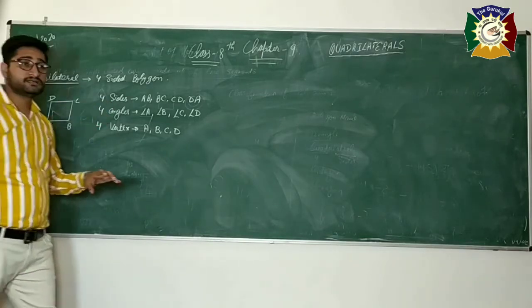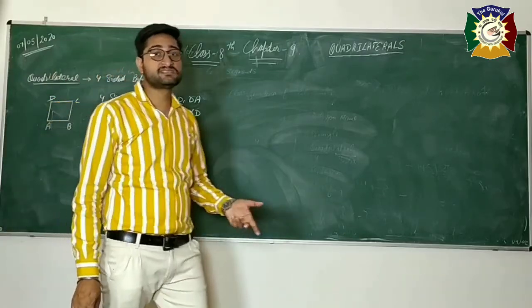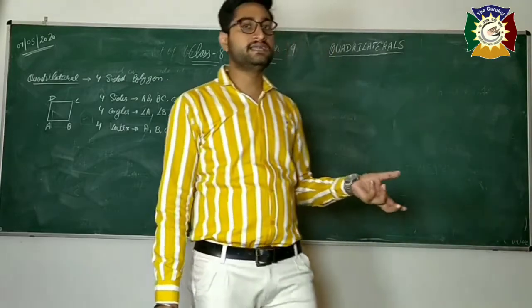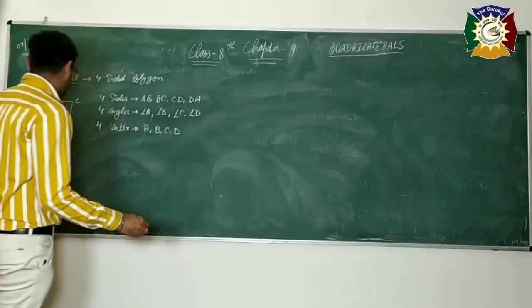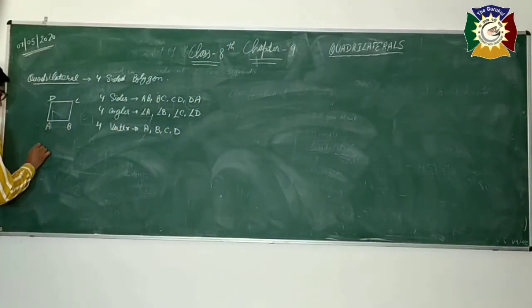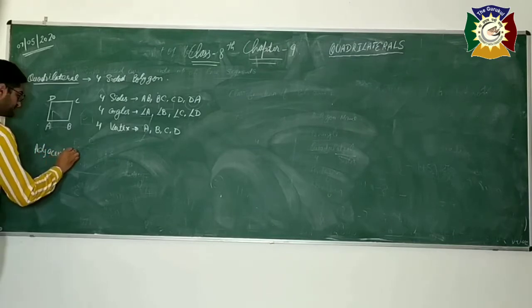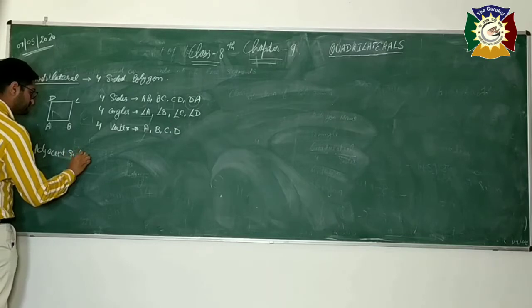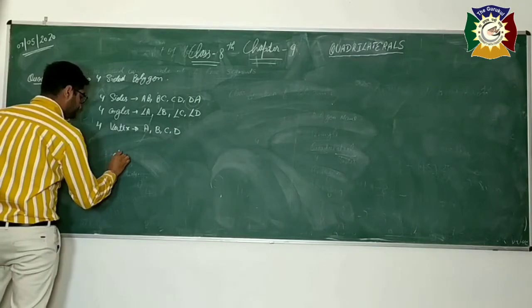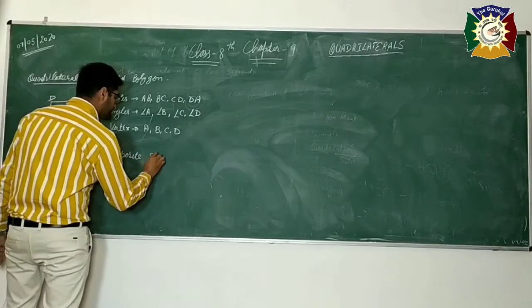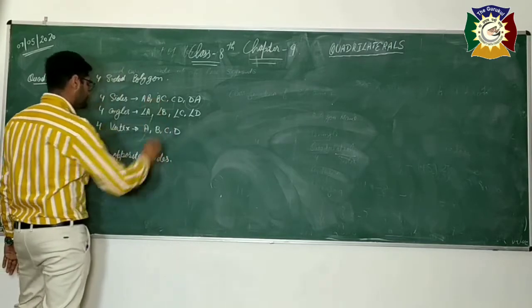One more point is adjacent sides and opposite sides, and similarly adjacent angles and opposite angles. First of all, adjacent sides and opposite sides.